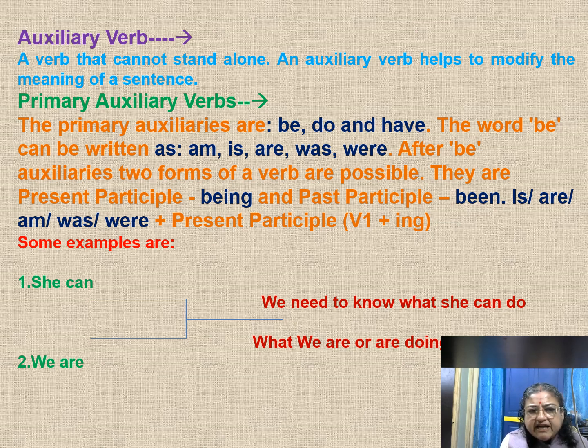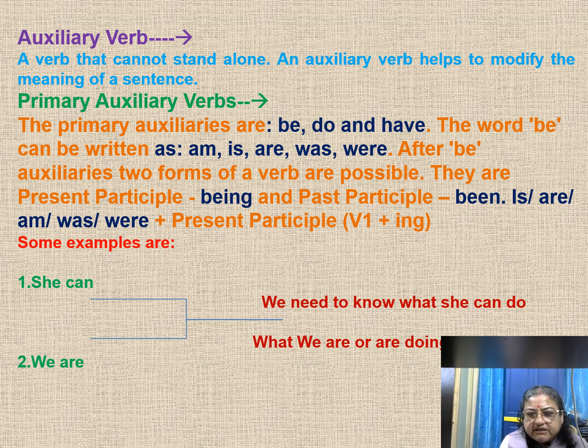The word be can be used as "to be," as I have shown you in that chart. So am, is, are, was, were: these are the be verbs. After the be auxiliary, two forms of the verb are possible: the present participle being and the past participle been. So am, is, are, was, were plus present participle.